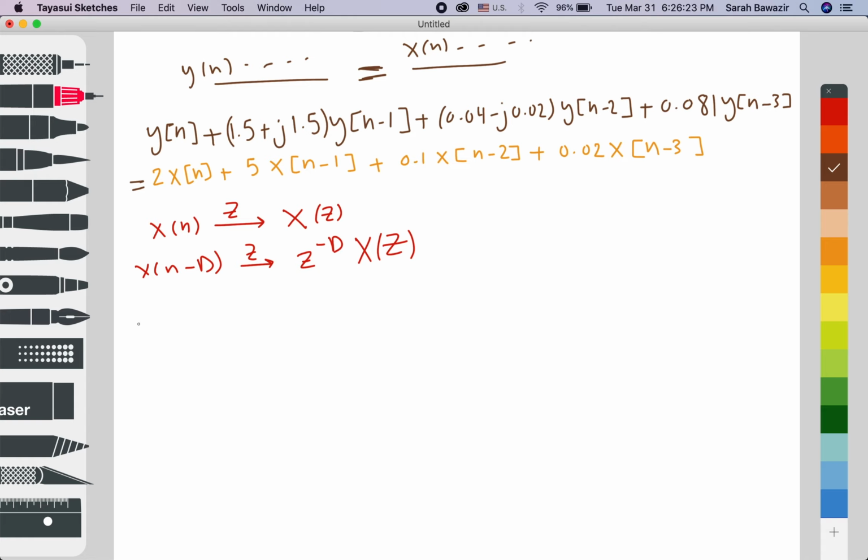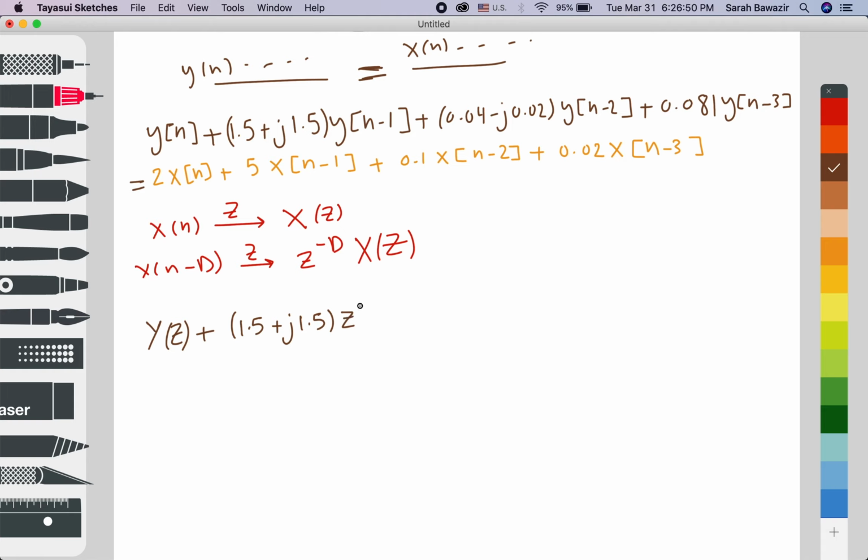So what is the z transform of y of n? It is Y of z plus (1.5 plus j1.5). What is the z transform of y of n minus 1?